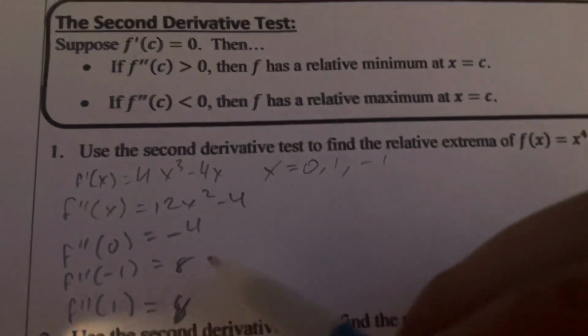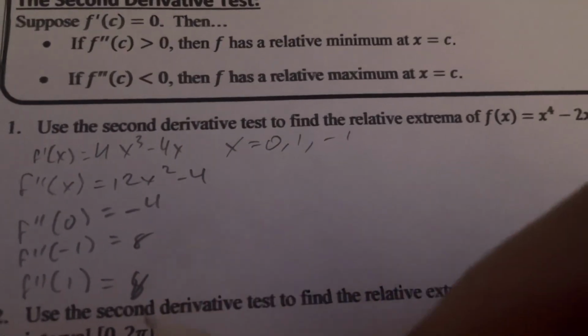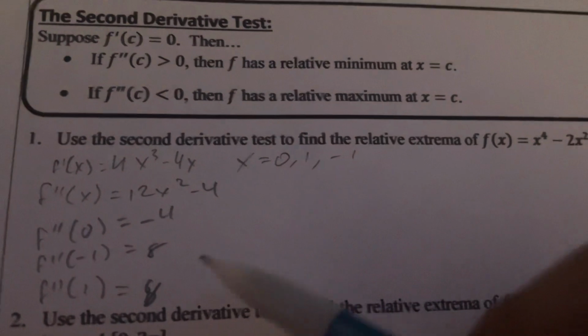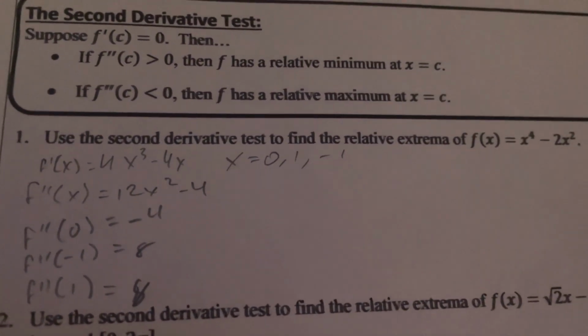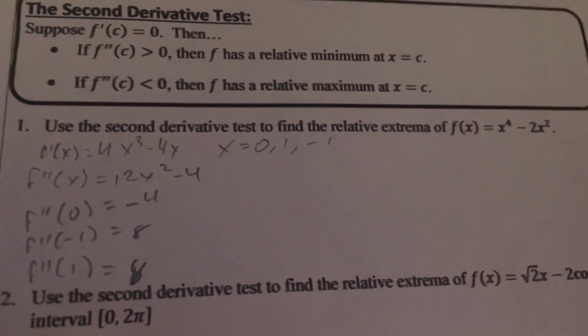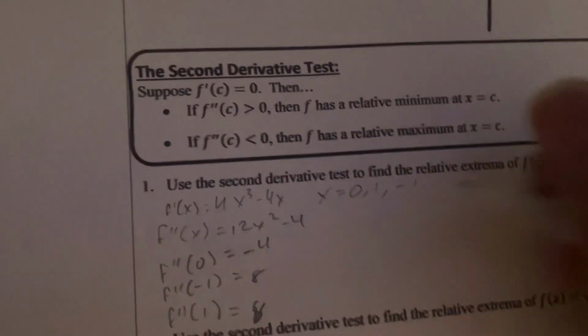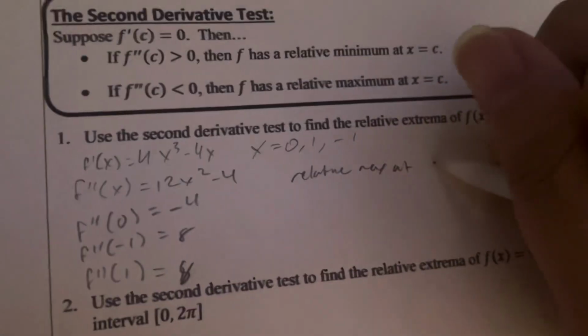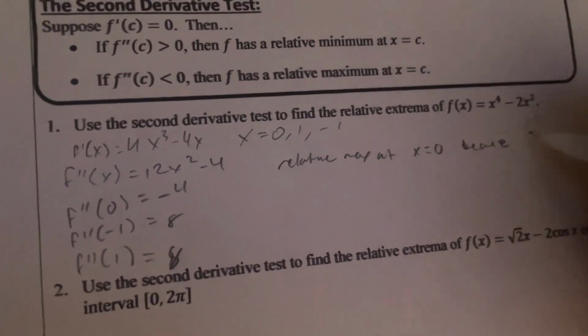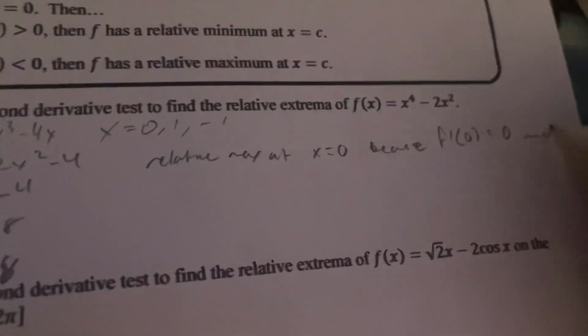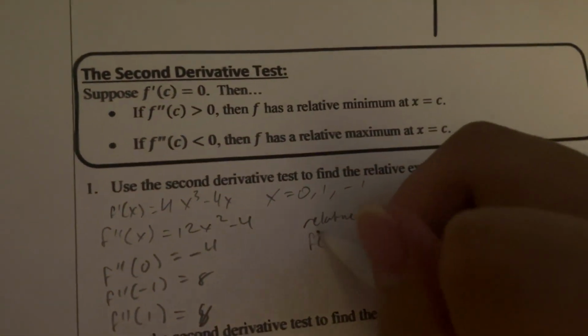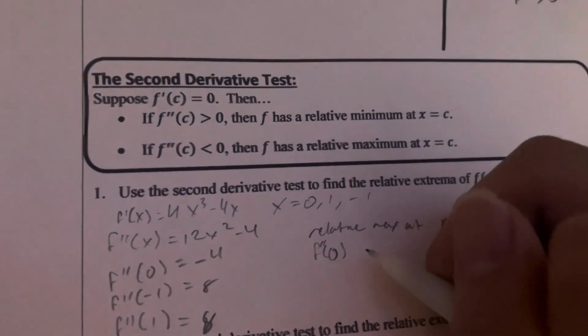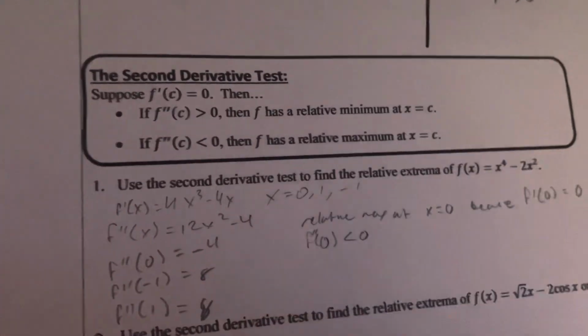Now that we have our values, we'll be able to know what is concave up and what is concave down. And if we know that, then we know what our relative maxes and mins are. So we have a relative max at x equals 0 because f prime of 0 equals 0 and f double prime of 0 is less than 0.